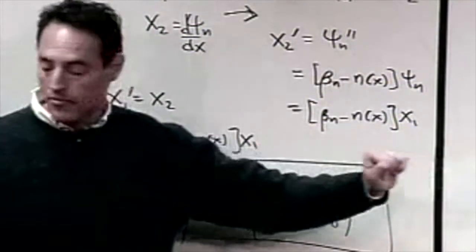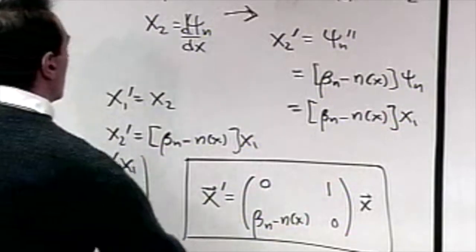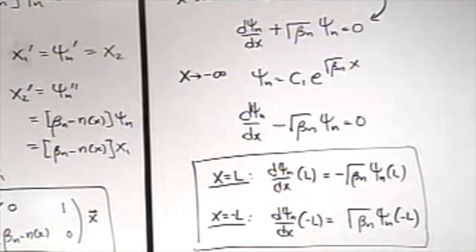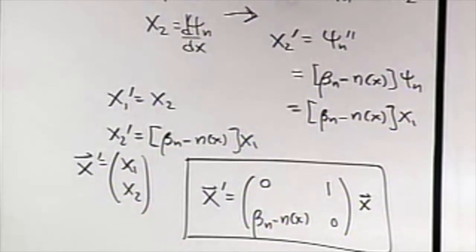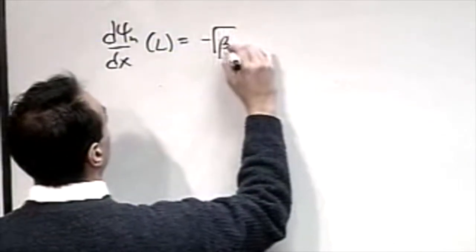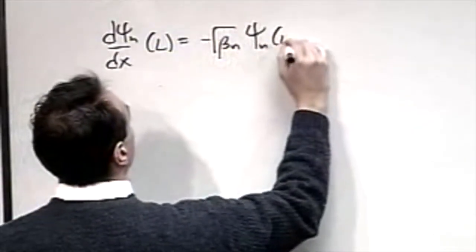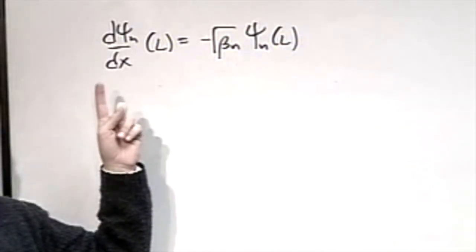Let's take this one step further and say, okay, what are those boundary conditions then? The boundary conditions, let's take the first one, says that d psi n dx at L is equal to negative square root beta n psi of n at L. Well, what's d psi n dx? That's x2.